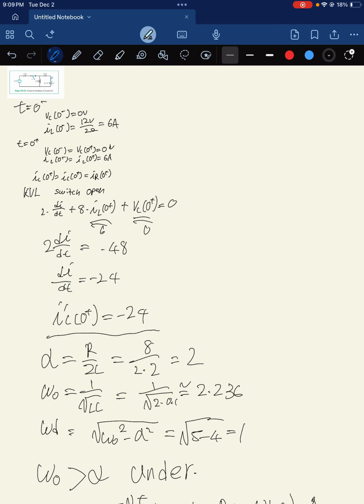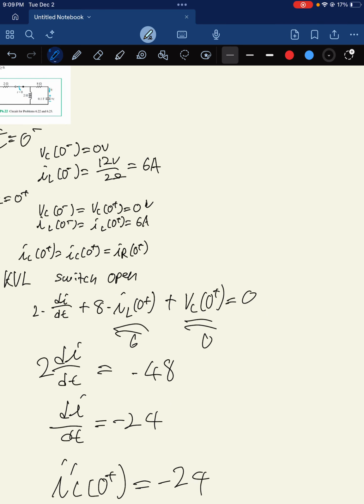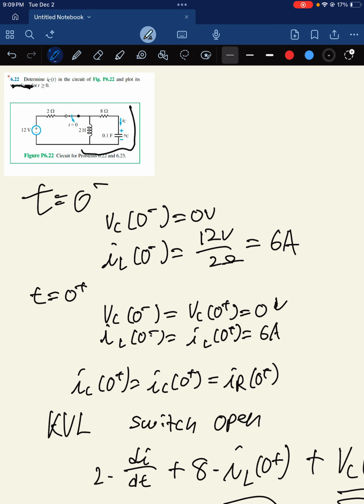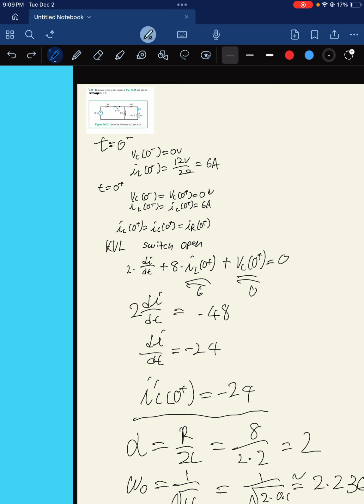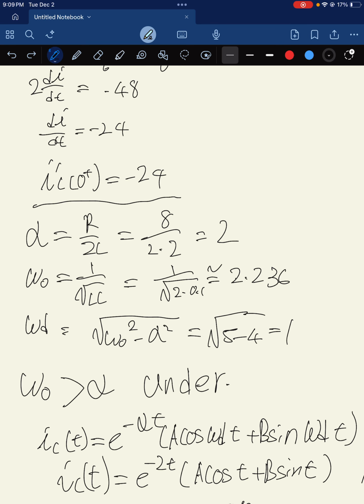With that info, we plug it into our KVL and find out that di/dt is equal to negative 24, and we save that info for later. We analyze the circuit and realize it is a series RLC, so we use the parameters for the series RLC, and found out it was underdamped.